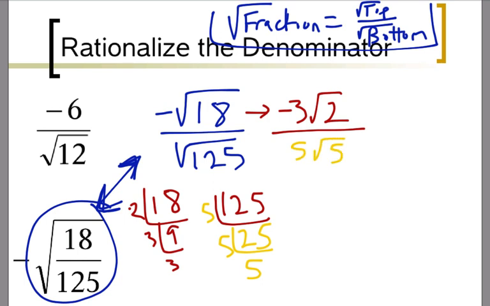And so you can see this time it really is helpful to reduce first, because now I can just multiply the top and bottom by square root of 5, which is much better than multiplying by 125.